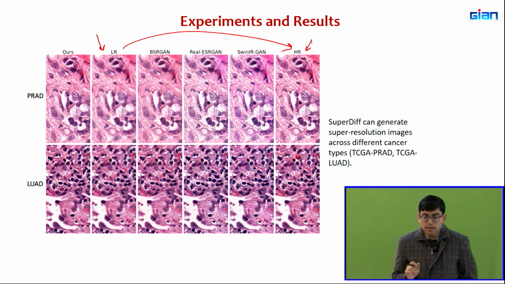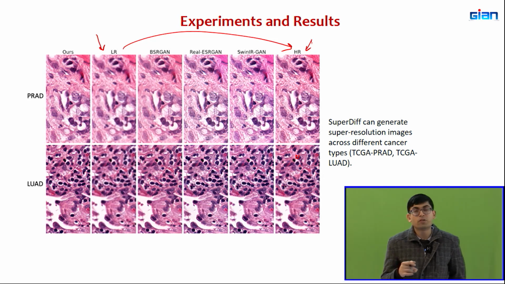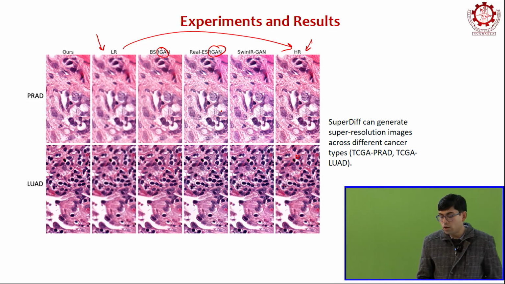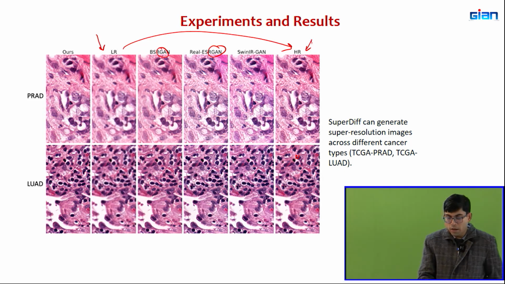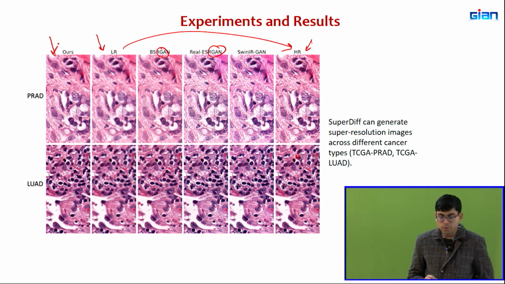And like I said, there were existing methods back then, mostly based on GANs, generative adversarial networks, that could do this. You can clearly see that these methods have been able to super resolve these images quite well. And here are the results of our method.